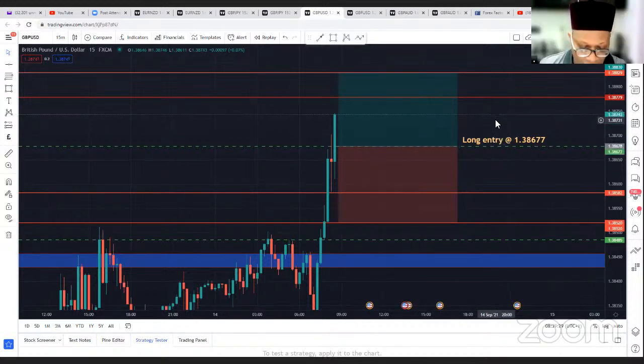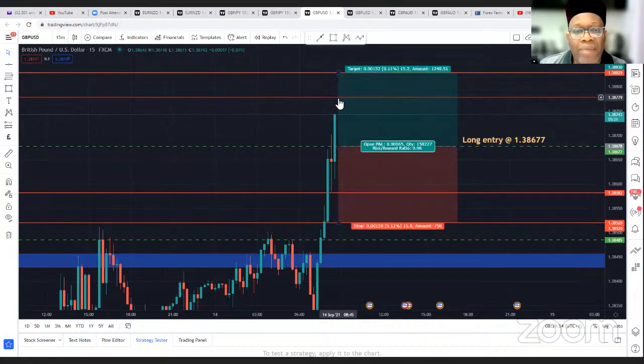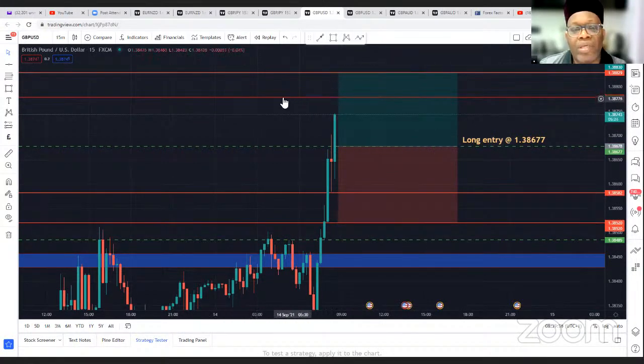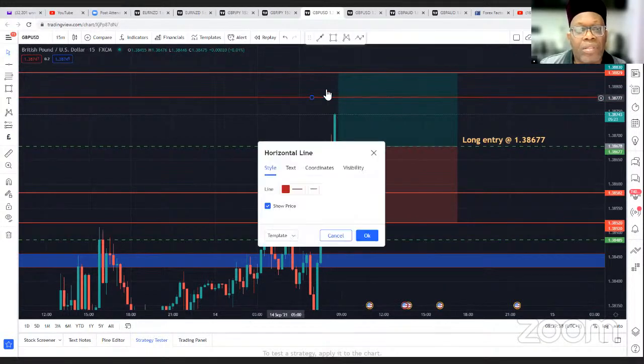So when the price gets to 10 pips, which is this line, move your stops to break even.